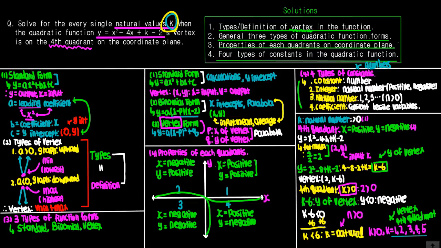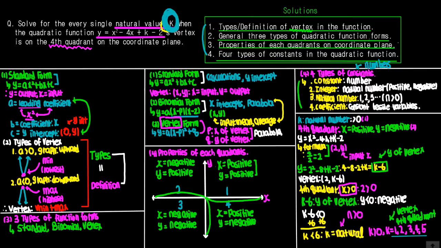So let's review what we did here. Firstly, we talked about the 4 solutions in order to approach our question, and our ultimate answer was solving for the k value that makes the vertex of our function y is equal to x squared minus 4x plus k minus 2 land in the 4th quadrant. We thought about the first one, the types of definition of vertex in the function, as well as the standard form.